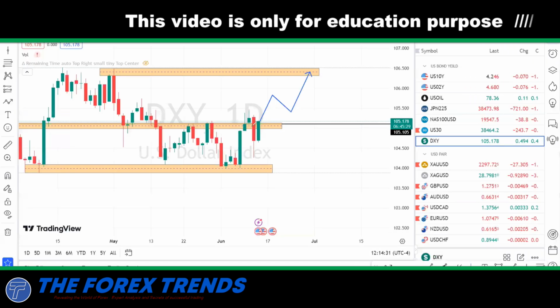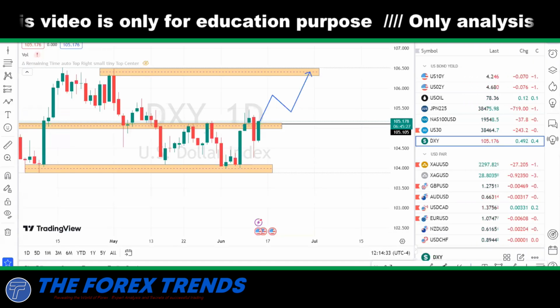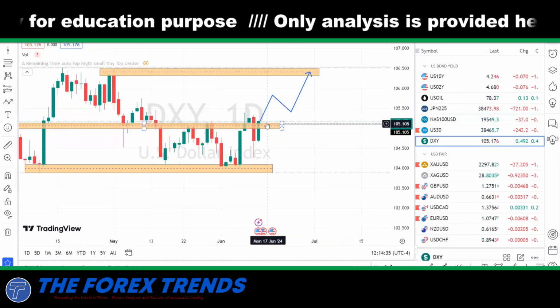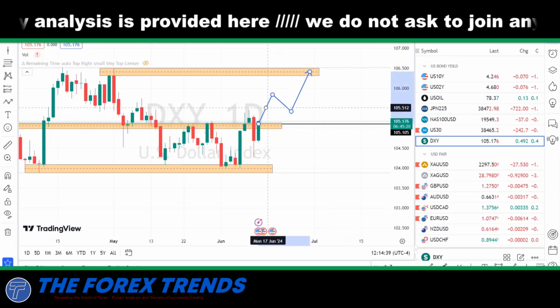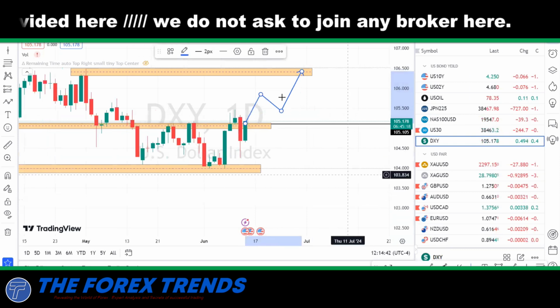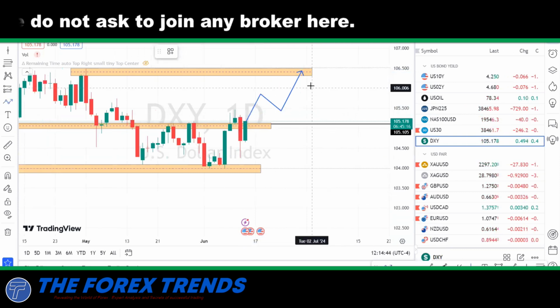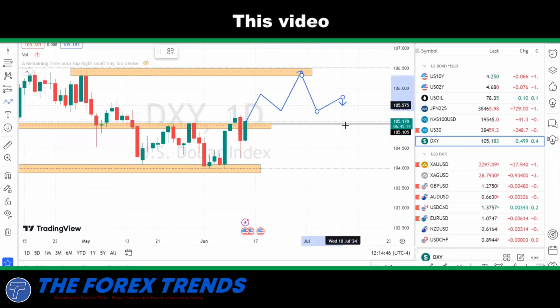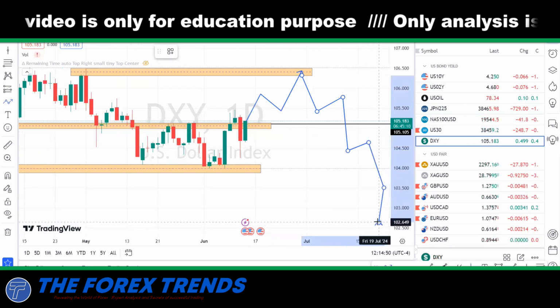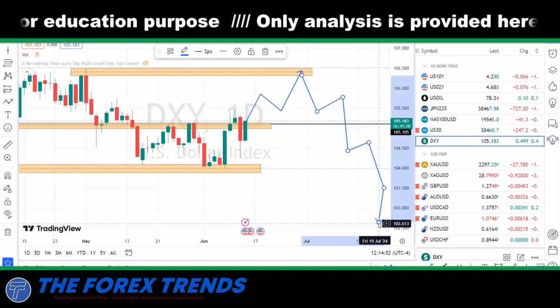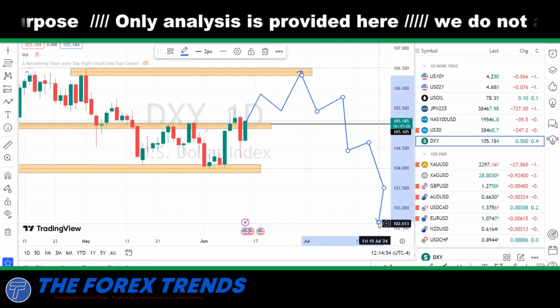I already told you guys, the dollar may go up like this, and after that, ultimately the dollar has to calm down for the longer run. Mind this. Therefore, we need to plan our trades accordingly.